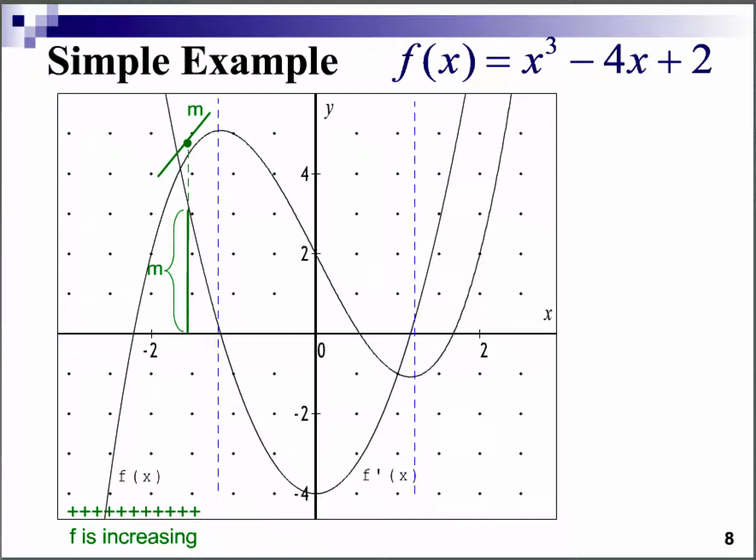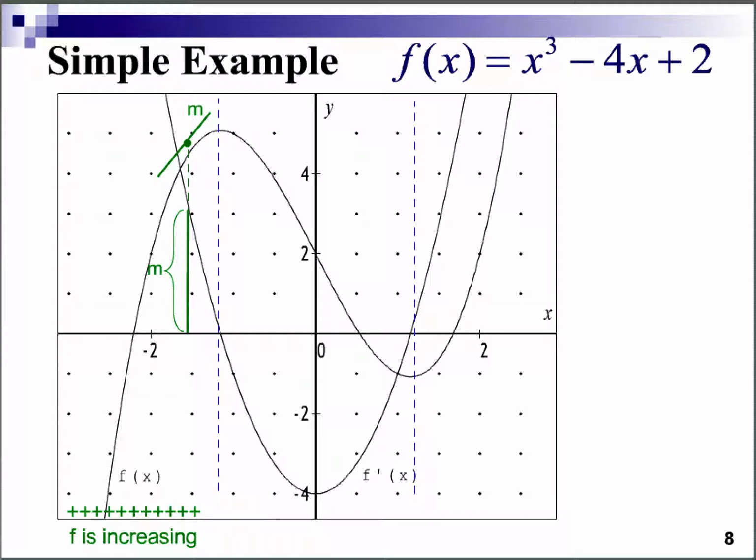Therefore, at every point, we say the function is increasing. In calculus terms, we would say that in this region the function is increasing. That's just another way of saying that when you draw a tangent line at any point there, you get a positive slope.